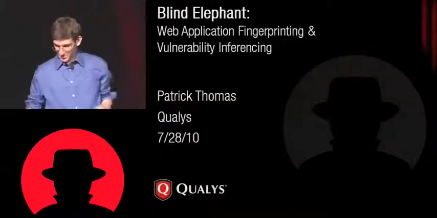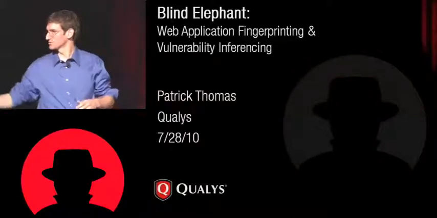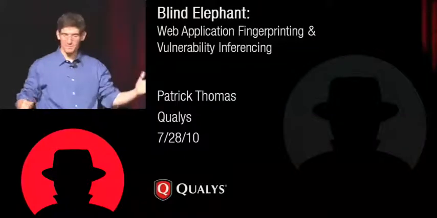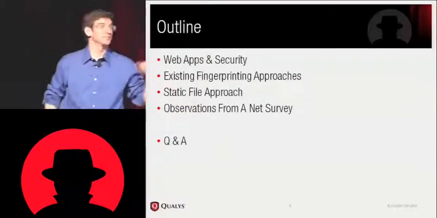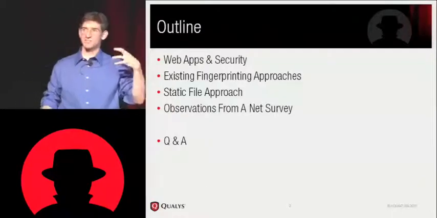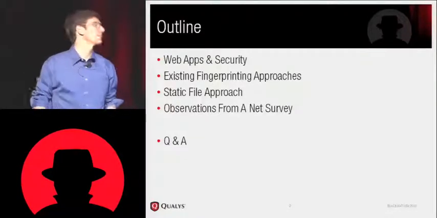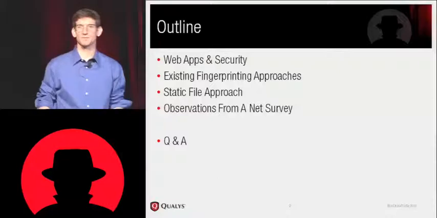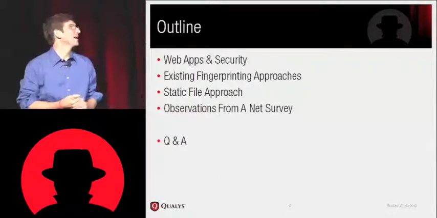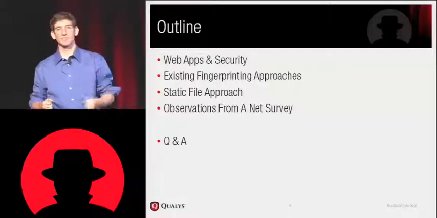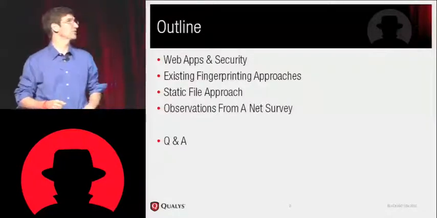Okay, as you said, we're talking about, how am I doing volume-wise? Okay, cool. Web application fingerprinting. Talk a little bit about web applications, some of the interesting challenges they have for security, some of the ways in which we need to think about web applications differently, and then talk a little bit about the existing fingerprinting approaches that are out there.